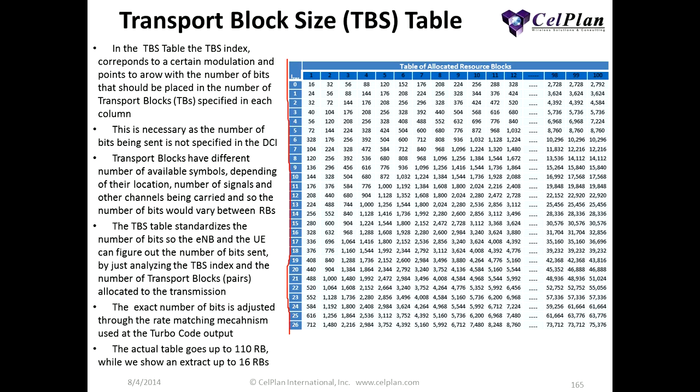It's a humongous table. It has 27 lines, but it has 100 columns. And basically what it does, you say, well, I need to use modulation scheme X that corresponds to TBS index 12. And I need to send 1,200 bits.